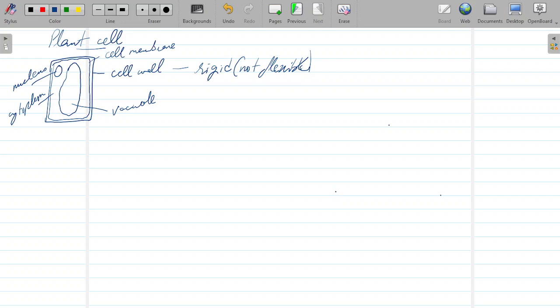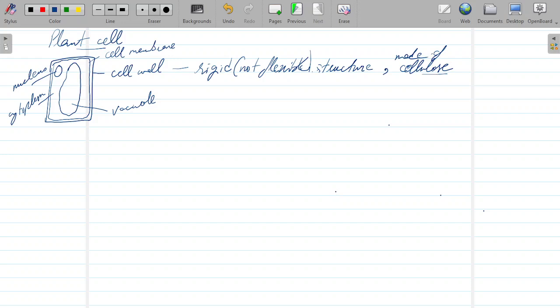It is present around the cell, made of cellulose, which we'll talk about later.